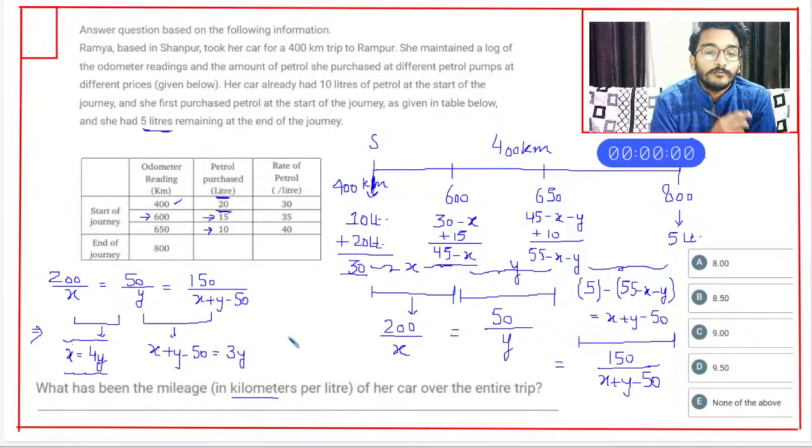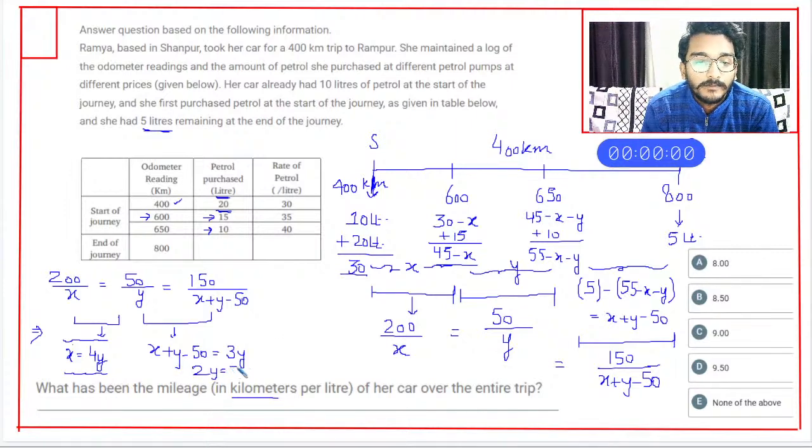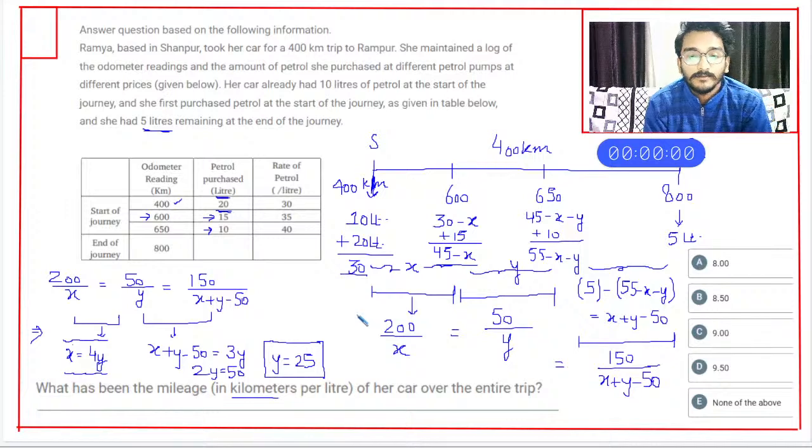I'm plugging the x value 4y. 4y plus y, 5y, and then 2y. So it will bring us to 2y equals 50, which will give me y equals 25. So solving the equation, it's manageable, I guess. So y equals 25. So what is the x value? X is 4 times this, it is 100.